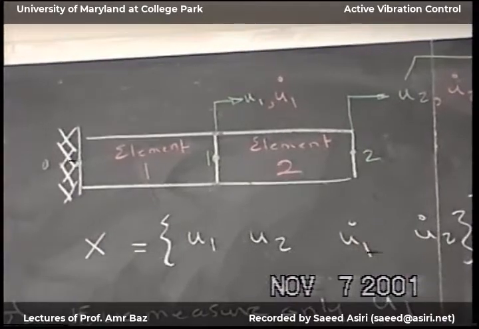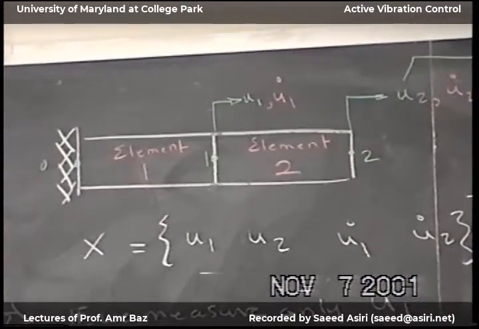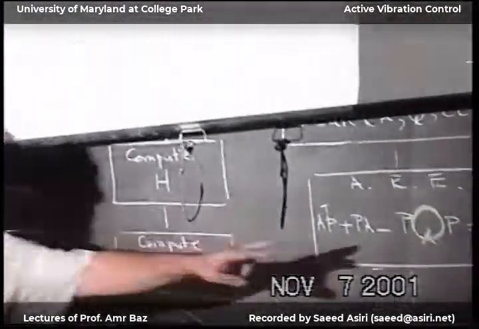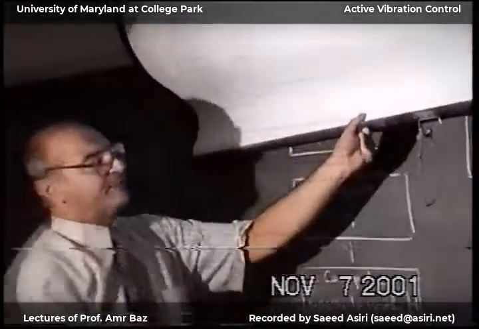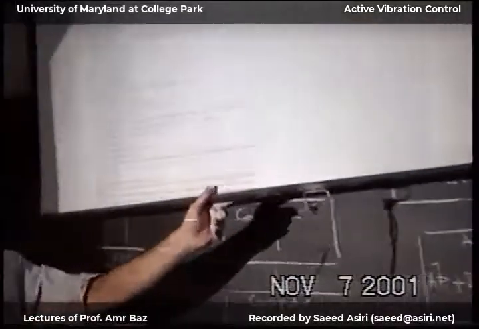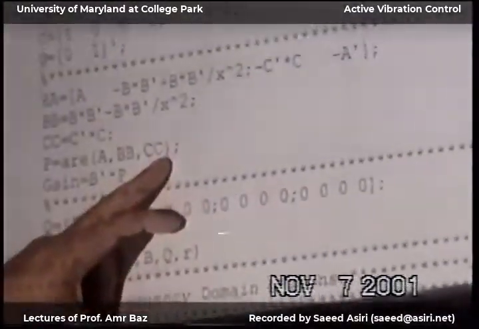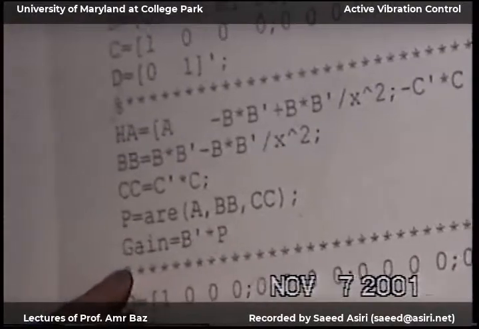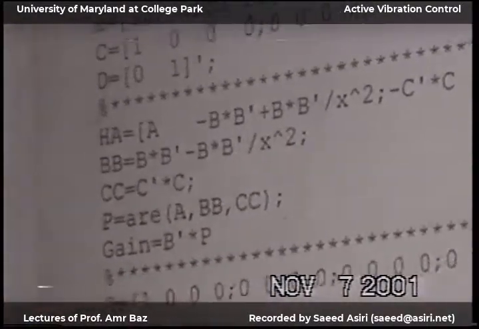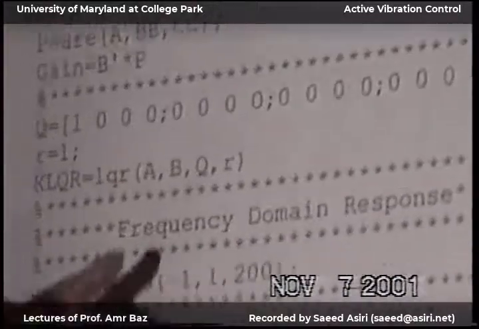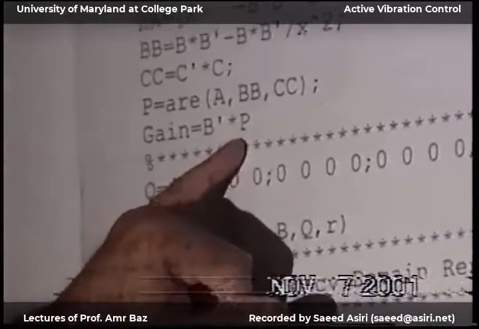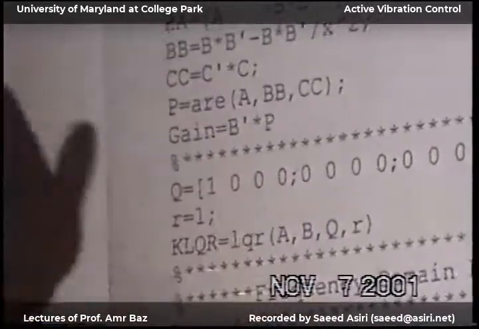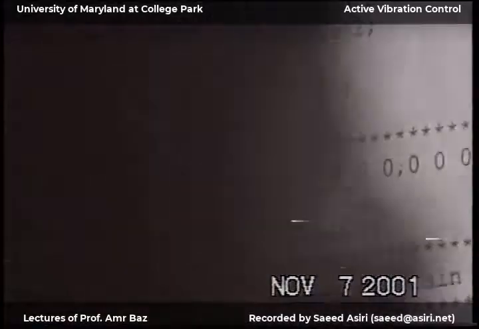So now we form the Hamiltonian, and then I form this Q matrix, and then the C transpose C here. Now I go and solve the algebraic Riccati equation: A, and then the BB, and then the CC. The result is P, and then the gain is right here. When you do this, you can take the determinant of P. You will see that this determinant is a positive number. Then everything is fine; we have the right solution.